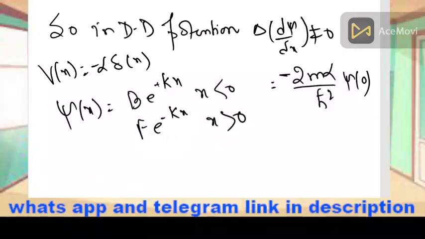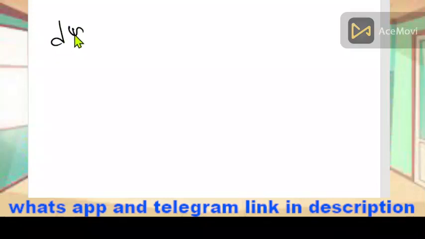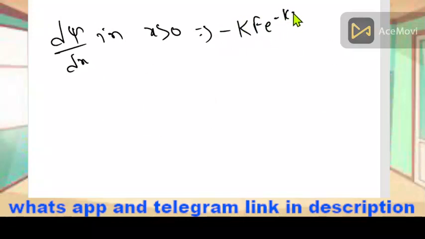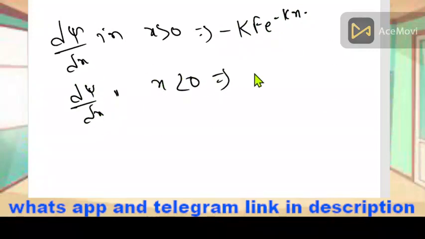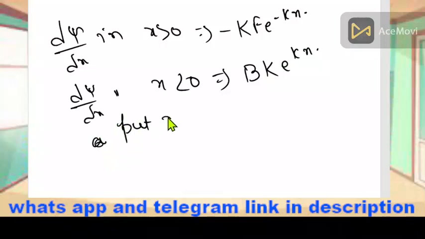Now let us evaluate d psi by dx in these two regions. D psi by dx in x greater than 0 will be equal to minus kf e to the power minus kx. D psi by dx in x less than 0 will be equal to bk e to the power plus kx.